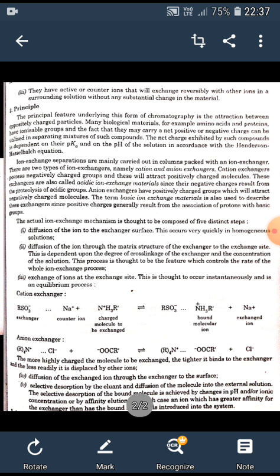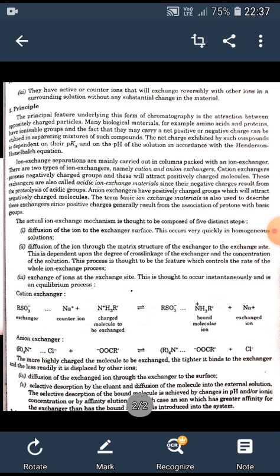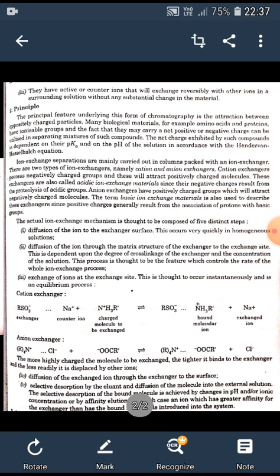The more highly charged the molecule to be exchanged, the tighter it binds to the exchanger and the less readily it is displaced by other ions. The fourth step is the diffusion of the exchanged ion through the exchanger to the surface.